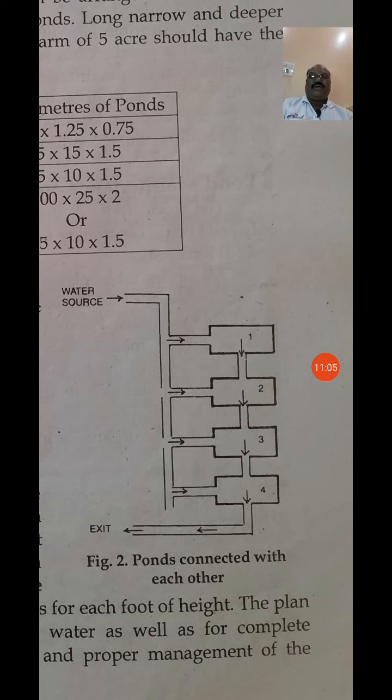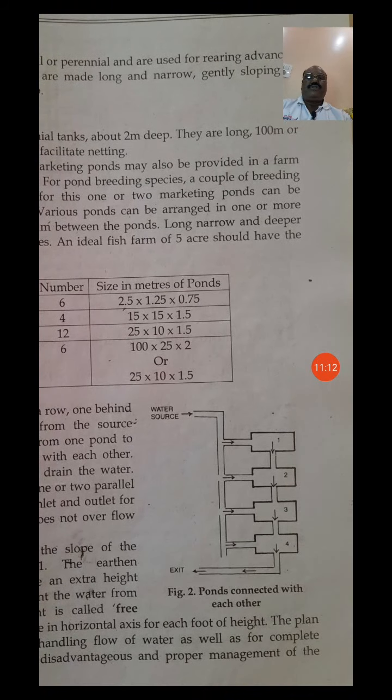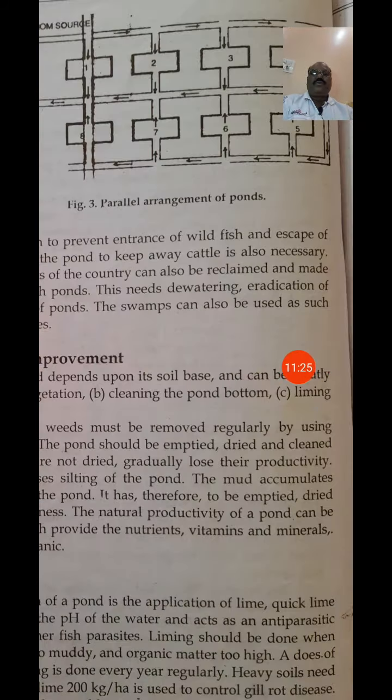See, in this diagram, you can see the ponds connected with each other. When we construct the ponds, it is possible to make the ponds connected with each other with the water supply. So this may maintain the same water level in all the ponds. Now see the picture. Here also the ponds are connected with each other, and this is called a parallel arrangement of the ponds.